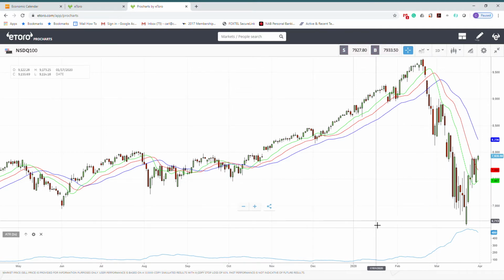So what can we use this indicator for? It is useful in measuring the strength of a move.